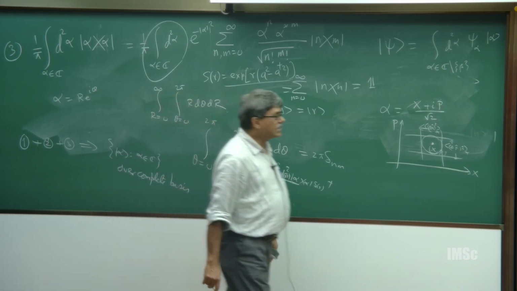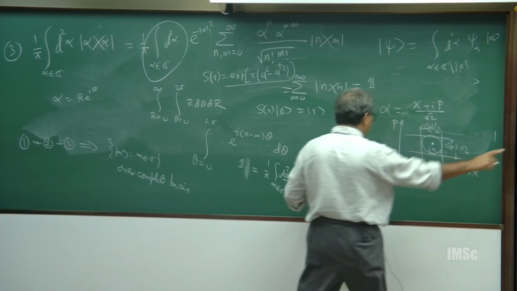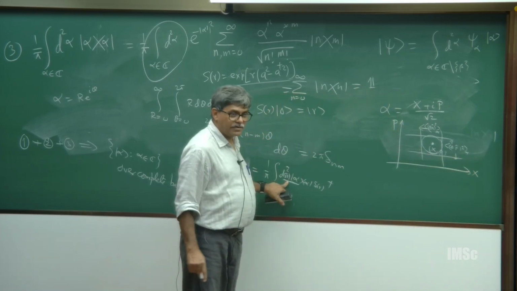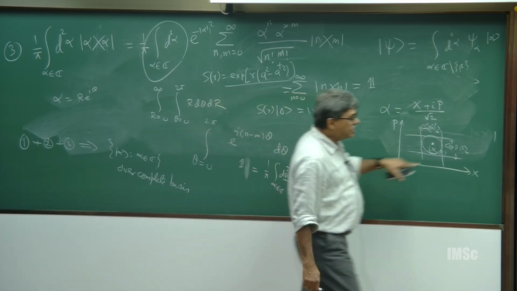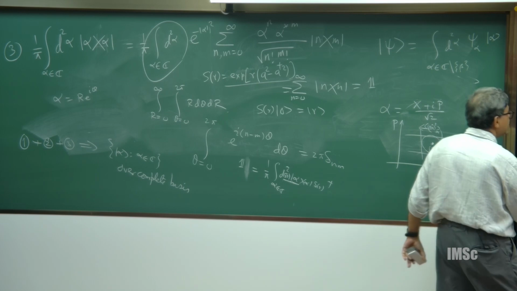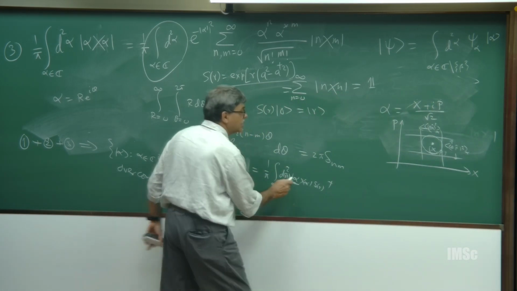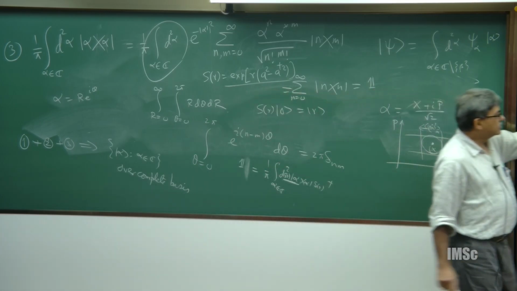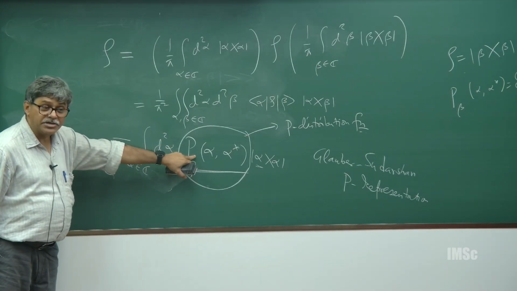Now can I write this rho in a diagonal form with respect to these bases, if I ask that question? Here I have written it in terms of the coherent state basis. I can also try to write it in terms of these bases. But can I have a diagonal representation?